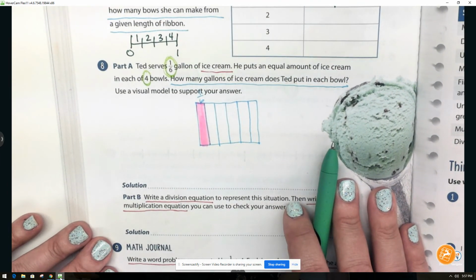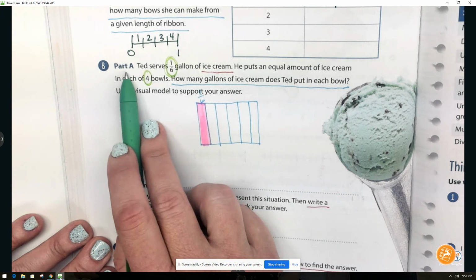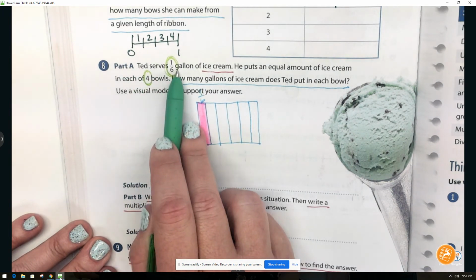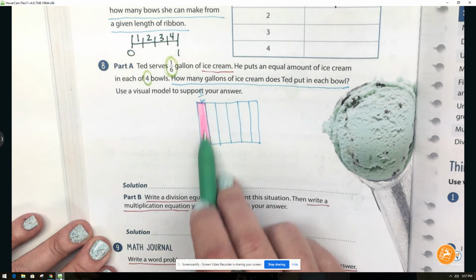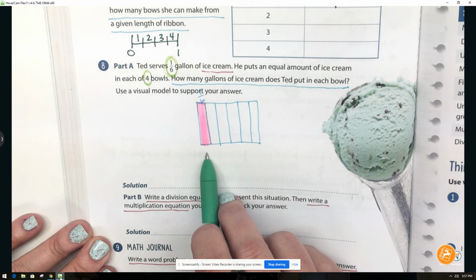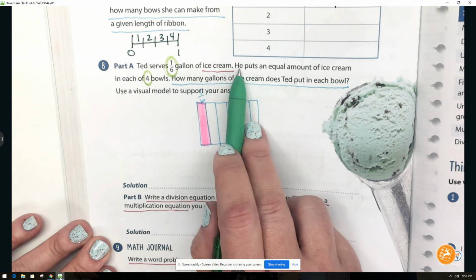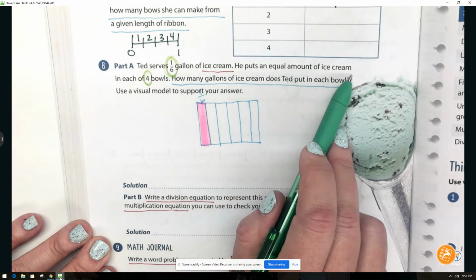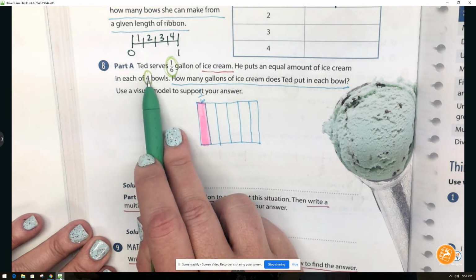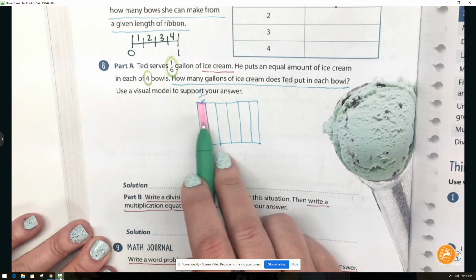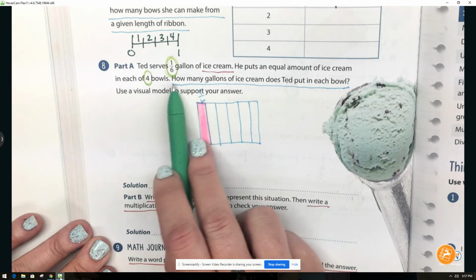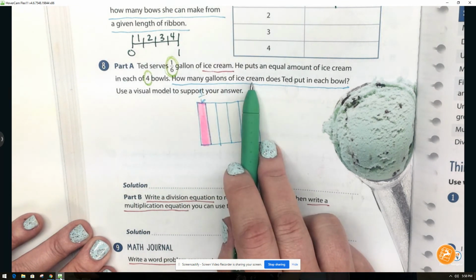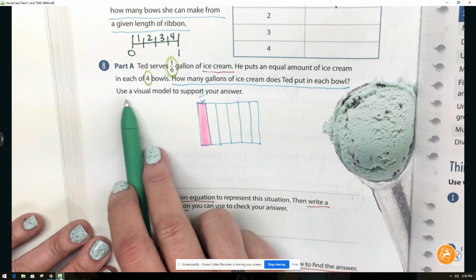And then number 8 is a 2-part problem. Number 8 says this: Ted serves 1/6 of a gallon of ice cream. I actually drew the gallon of ice cream here for you, and I shaded in 1/6 of a gallon of ice cream. He puts equal amounts of ice cream into each of 4 bowls. So we need to break this 1/6 into 4 equal parts. Then, how many gallons of ice cream does Ted put in each bowl?